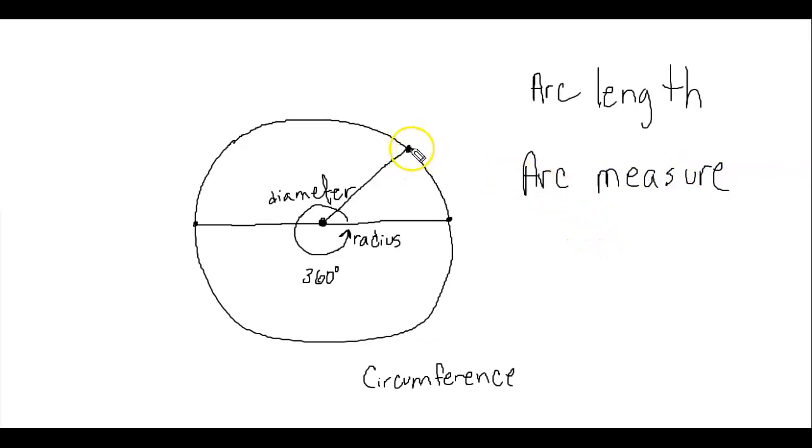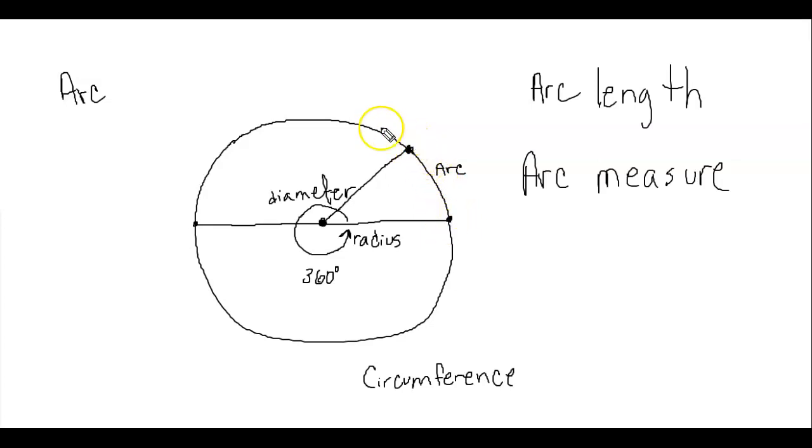So an arc is just a piece of the circle. The whole circumference is the actual circle. The circle is just that rim around the outside. If you're just taking a piece of that circumference, a piece of that circle, that is an arc. So the arc is right here. But the way we measure that arc could be in two ways. One, you can measure the actual length of that piece of the circle.